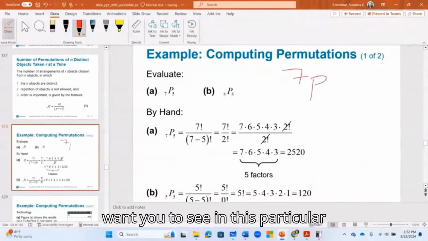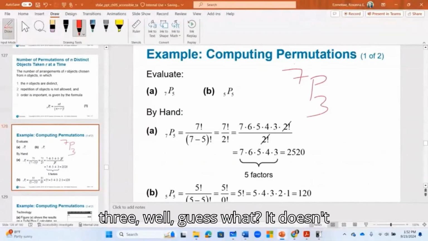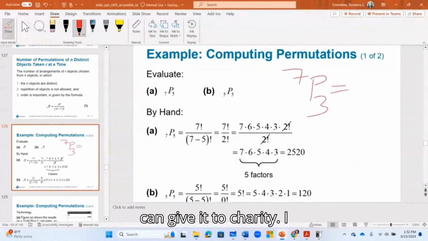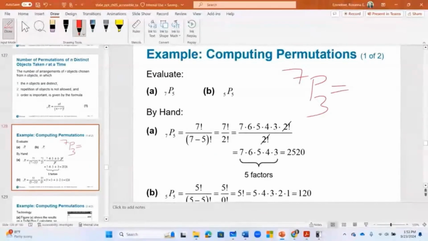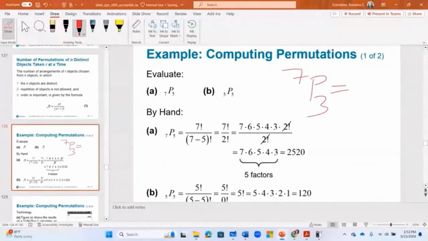But I want you to see, in this particular situation, if I do 7 permutation 3, well, guess what? It doesn't really make sense, because it means that I can give it to charity and give it back. It doesn't make sense. You don't do that in real life. Therefore, I cannot use permutation for that.